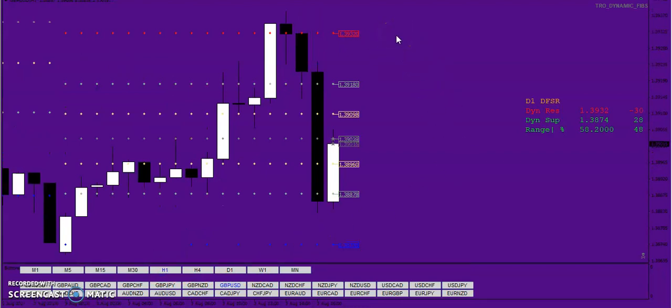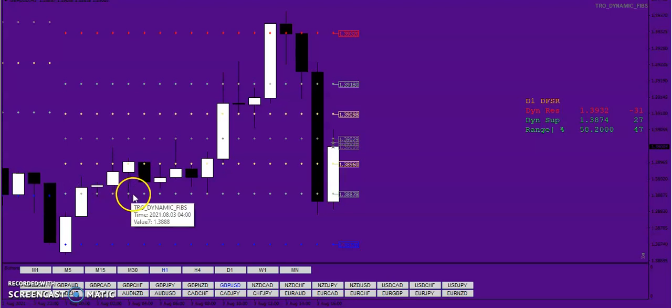So what happened? Price actually started out below yesterday's low, came up through it, actually hit yesterday's high, and then now is coming back down. If you were a fib trader and you saw this happen, you go, well, it's probably going to at least get to here.